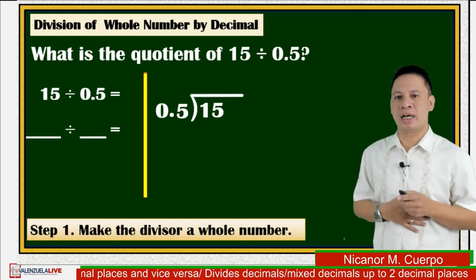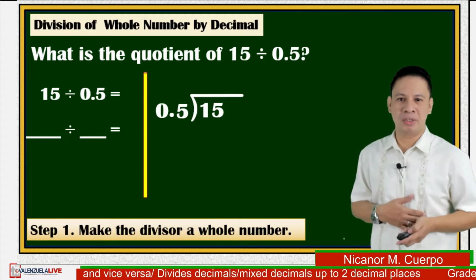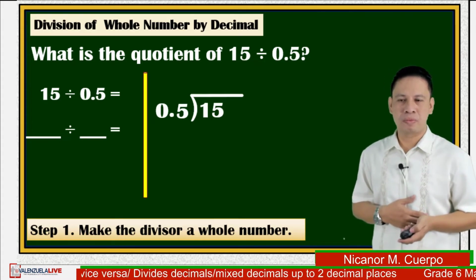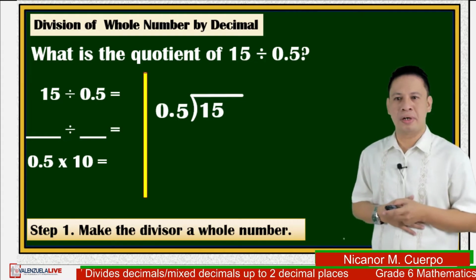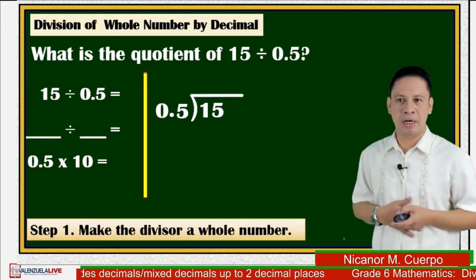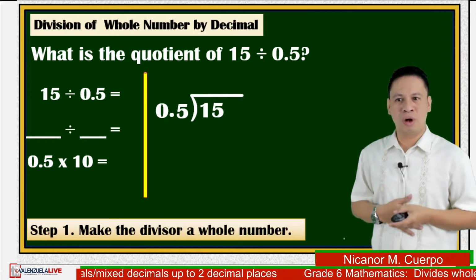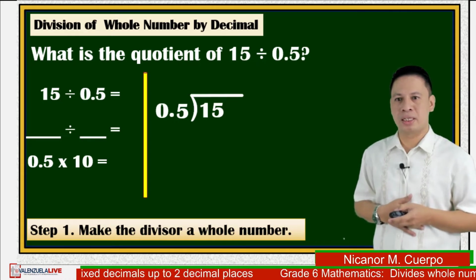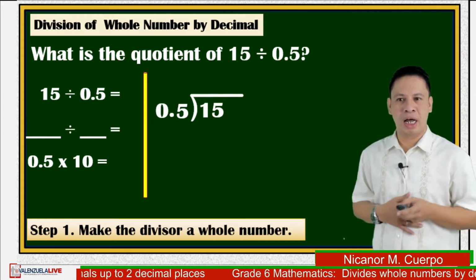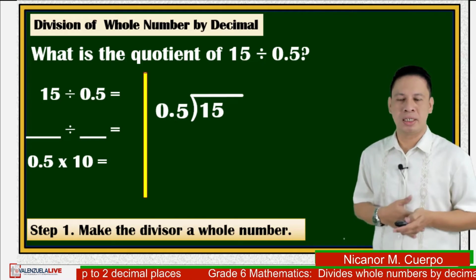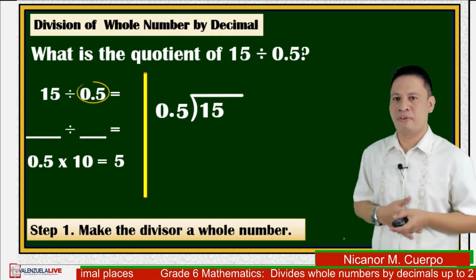So if that is the case, the first thing to do is to make the divisor a whole number by multiplying the divisor by a power of 10. Okay, we're going to multiply 5 tenths by 10 since our divisor has one decimal place. So 5 tenths times 10 equals 5.